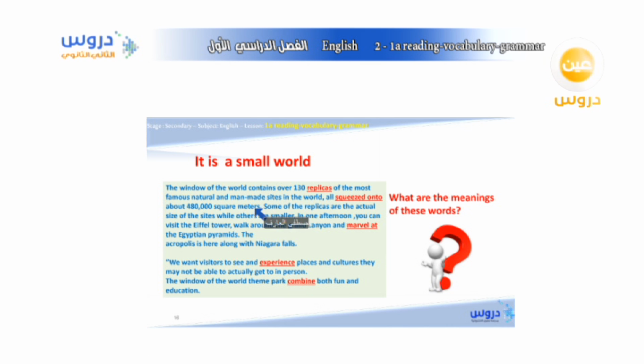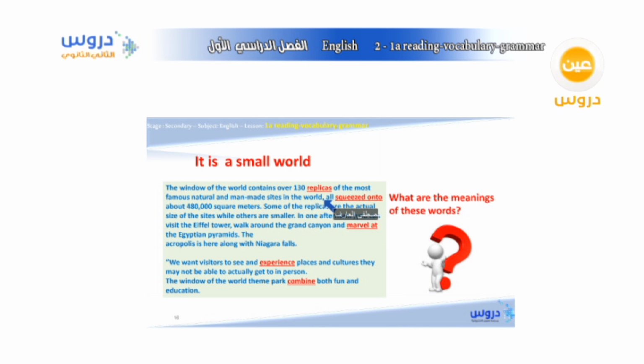Let's read and find out through the text what those words mean. The Window of the World is a place that contains over 130 replicas, copies of the most famous natural and man-made sites in the world, all squeezed onto about 480,000 square meters.